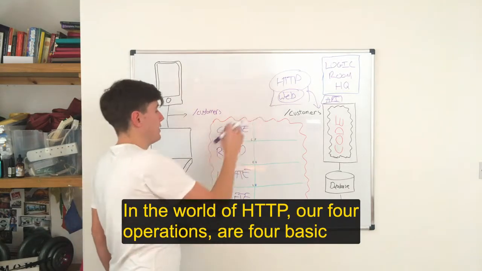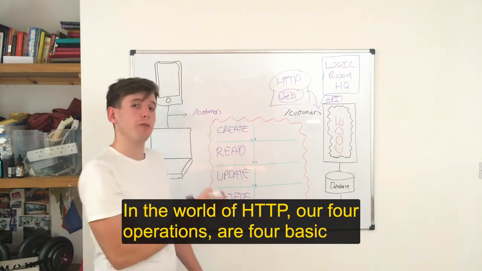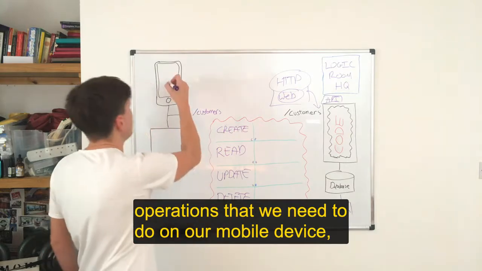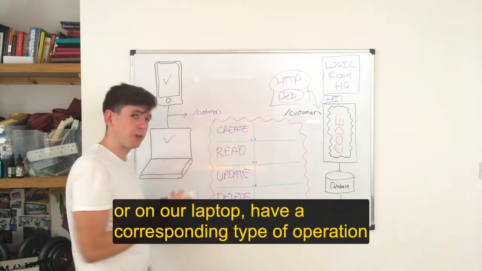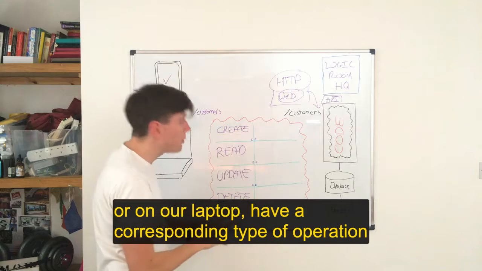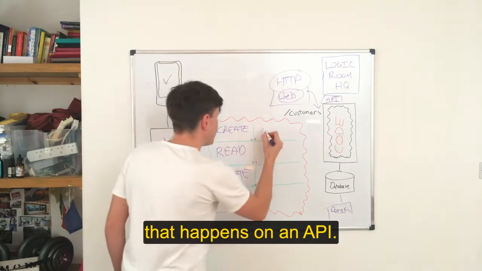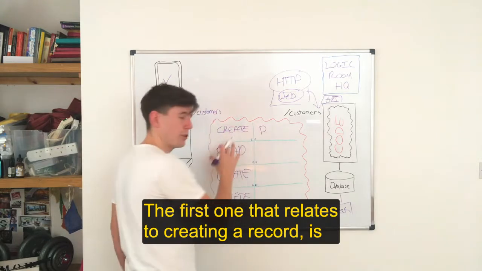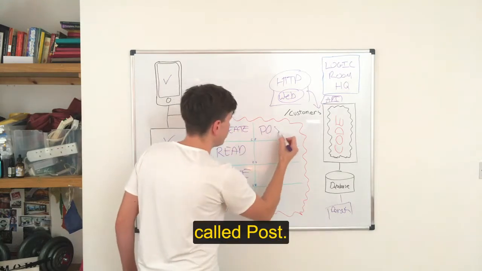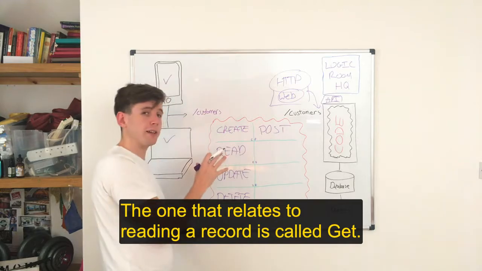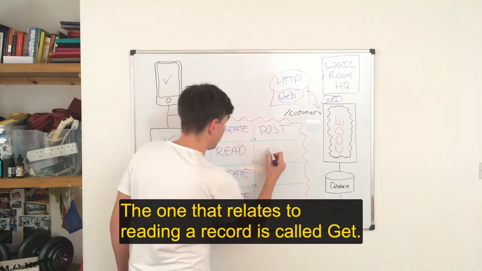In the world of HTTP, our four basic operations that we need to do on our mobile device or on our laptop have a corresponding type of operation on an API. The first one, which relates to creating a record, is called post. The one that relates to reading a record is called get.